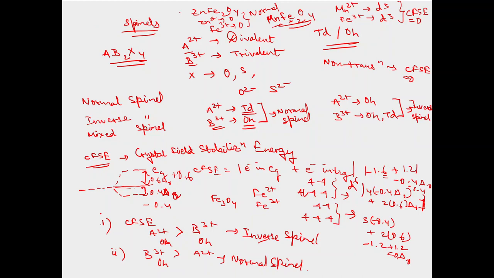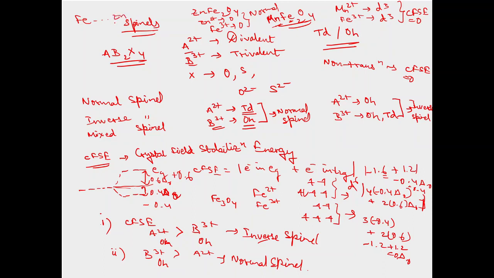So in ZnFe2O4, the CFSE is coming out to be 0 for both. But why are we getting a normal spinel structure? It is because if we go across a period, the size of the metal ion decreases. So Fe will lie here, and after that cobalt, nickel, copper, and then zinc comes.